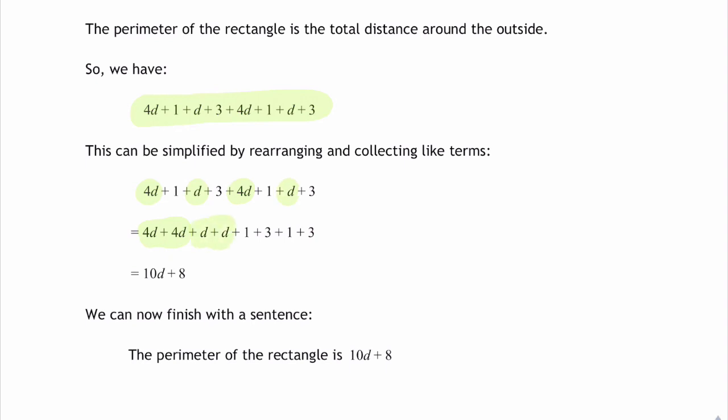And then we've got the 1, the 3, the 1 and the 3. Collecting like terms, we've got 4D and 4D and another 2Ds, so that's 10D. And then the numbers on the end, 1, 3, 1 and 3, make 8. And then we can finish with a sentence: the perimeter of the rectangle is 10D plus 8.